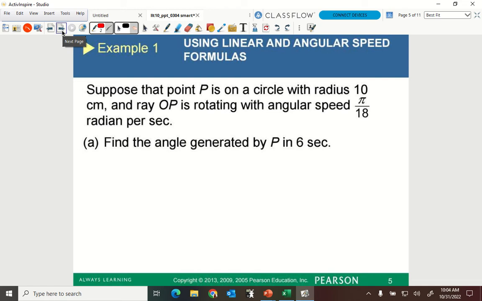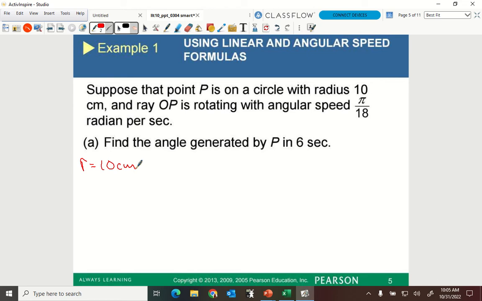Suppose point P is on a circle with the radius of 10 centimeters. All right. Bless you, I think. Thank you. So, what information is given to us so far? The radius. So, my r is 10 centimeters. And ray OP is rotating with an angular speed.